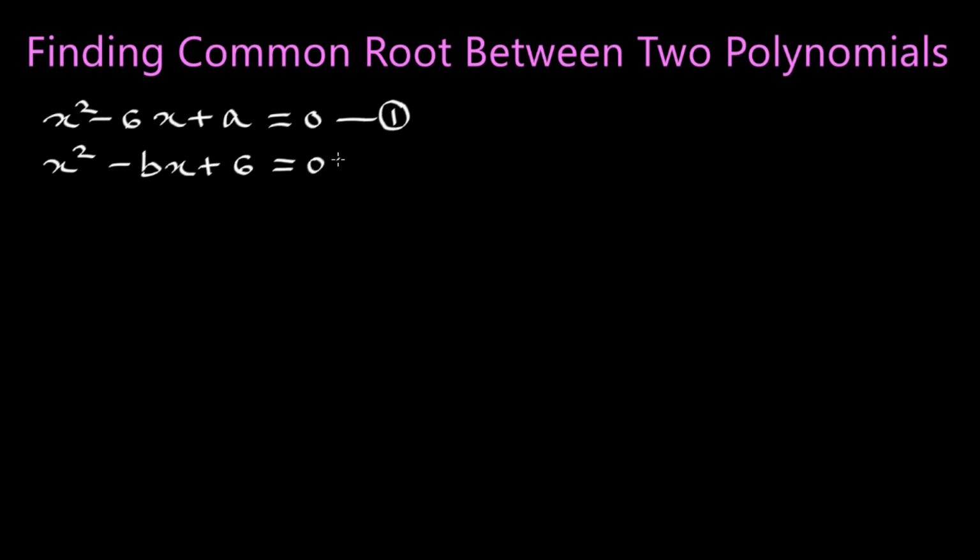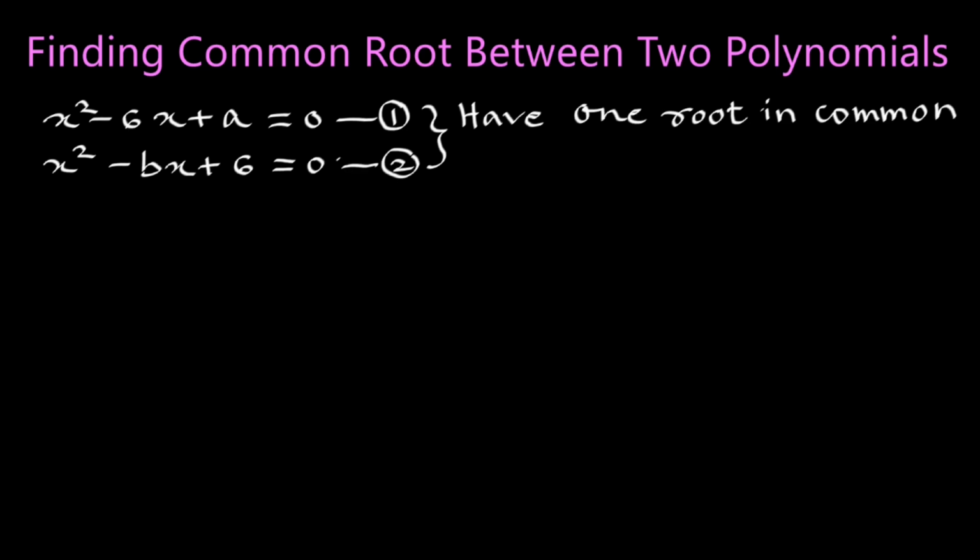Two polynomials, x square minus 6x plus a equals 0, number 1, and x square minus bx plus 6 equals 0, number 2, have one root in common, and their remaining roots are in the ratio 4:3.